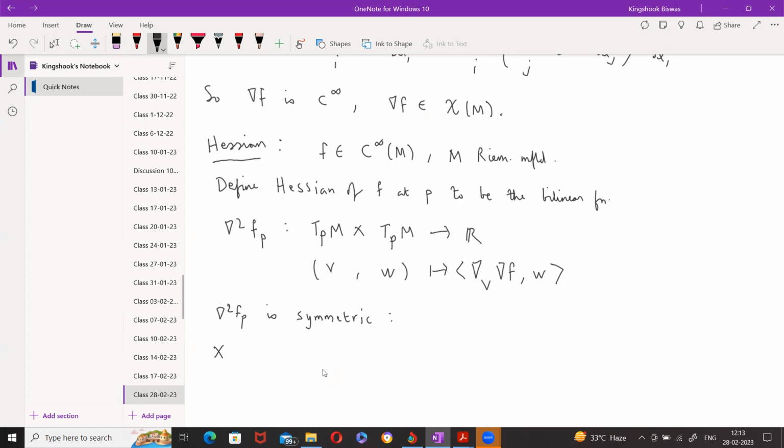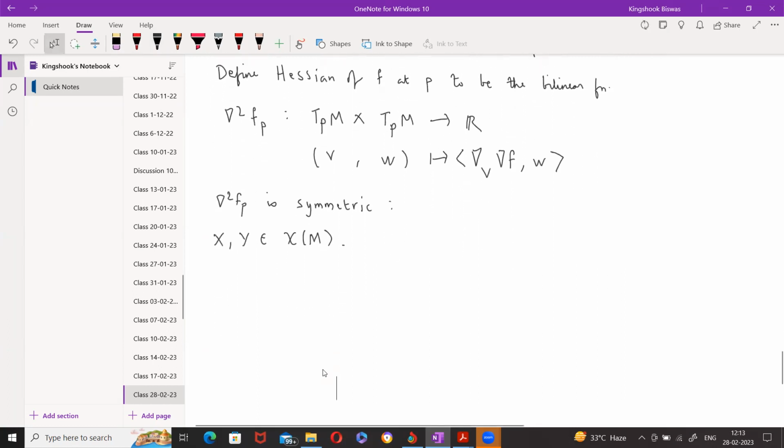Let X, Y be two vector fields on M. If I look at nabla squared f, this will act on the pair of vector fields X, Y to give me a function. What is this function?